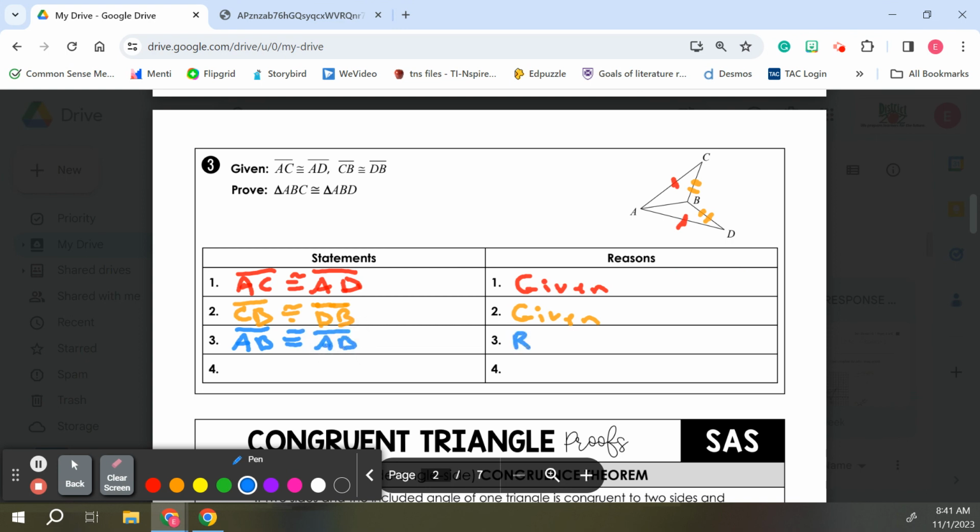That is by your reflexive property. So this is congruent to itself. This leaves me with the final statement because I have 3 sides. So I have triangle ABC is congruent to triangle ABD. What is the reasoning? Side, side, side.